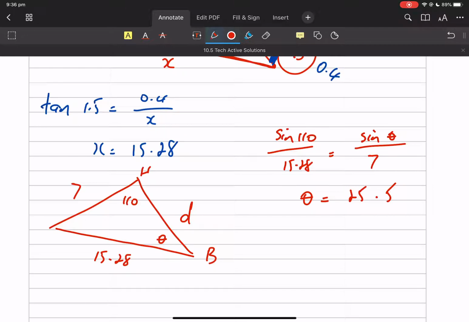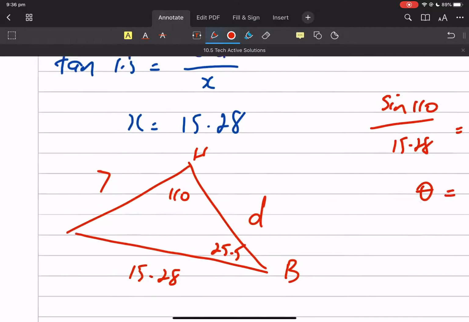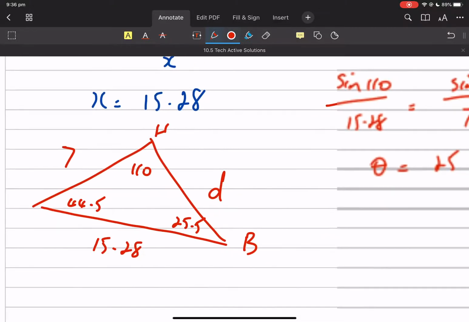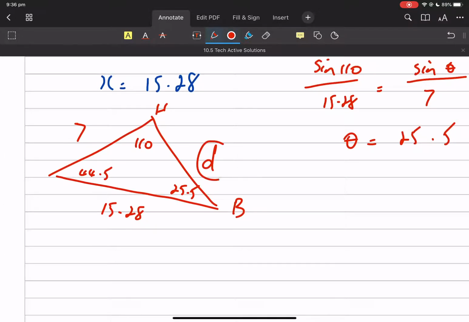If this was the exam, you would definitely be using a couple of decimal points there. Hey, but since that's 25.5, we can now work that one out. 44.5. And now we know 44.5, we can hook into D, and that's the answer.